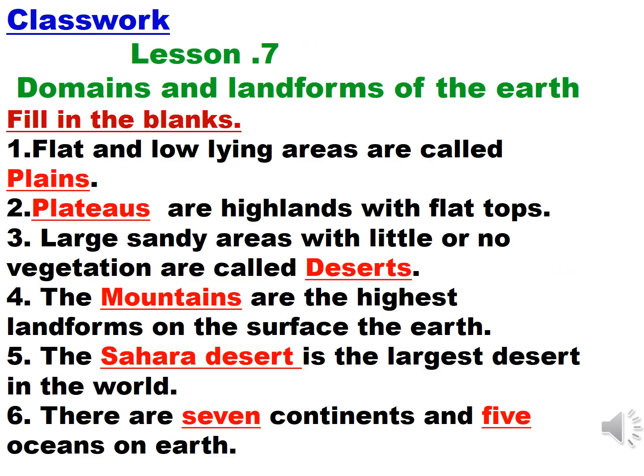Already in the previous class you have written missing letters, jumbled letters and meanings. First of all, put the date and day, then leave one line and write, fill in the blanks.